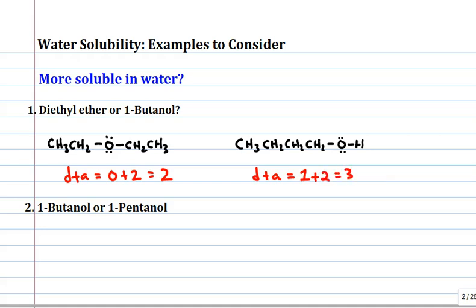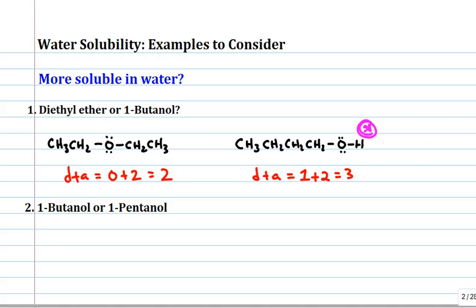It looks like 1-butanol has a greater capacity to form hydrogen bonds with water, and these molecules have a very similar hydrophobic area. I'm going to give the victory to 1-butanol being more soluble in water.